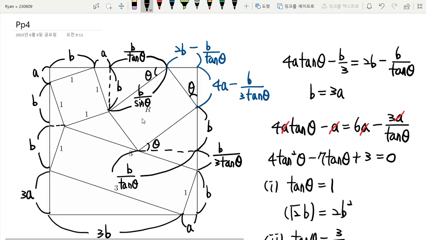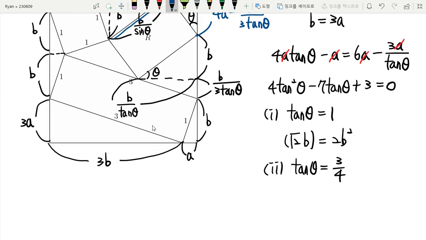So when tangent theta is 4 over 3, or 3 over 4, this length is 5b over 3. Am I right? Because this one is 4 over 3 b and this is 3 over 3 b, so that's why this length is 5b over 3.